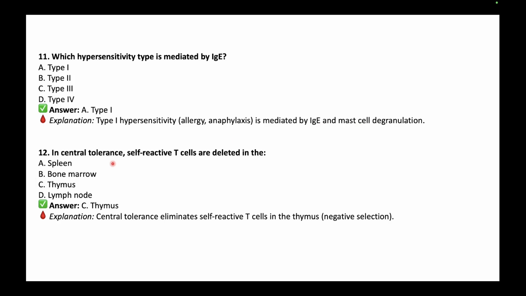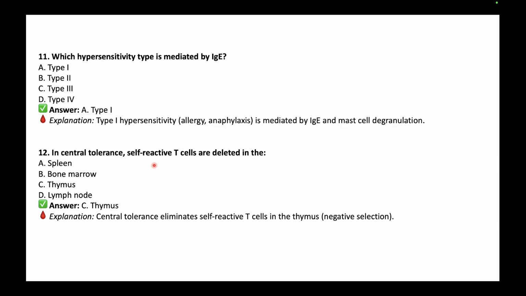So in the central tolerance, there is this self tolerance pathway which I discussed in the last class, I guess. There I talked about the central tolerance and the peripheral tolerance. Central tolerance is where, in the primary lymphoid organs, the immune system is prepared to not interact very efficiently with the self cells.